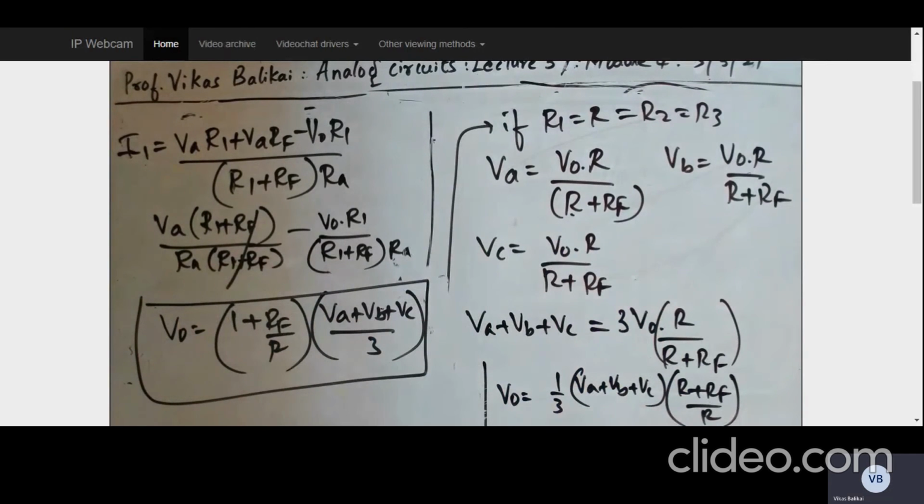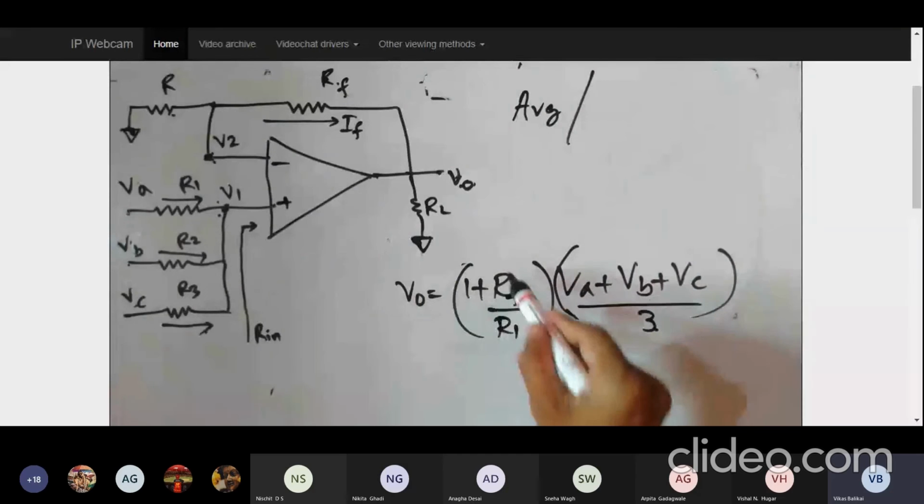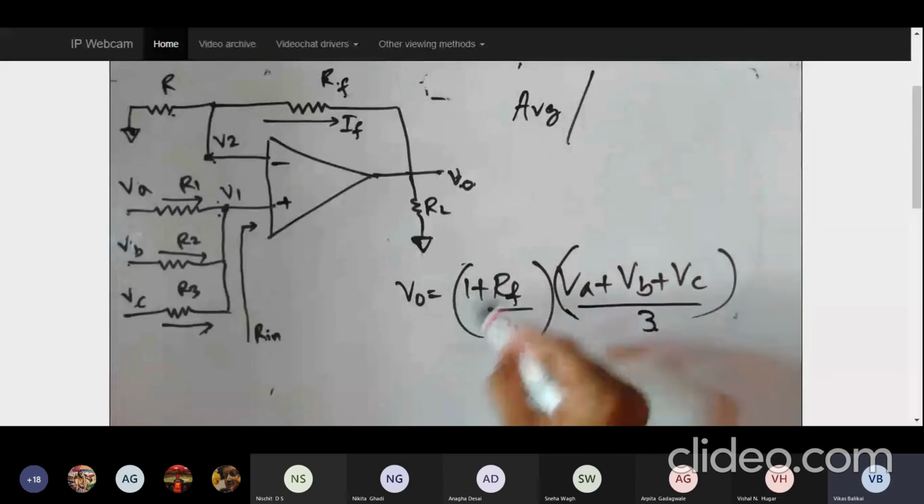But in non-inverting configuration, one extra thing I'm getting is the division by 3. So this is your non-inverting configuration: summation of all the voltages divided by 3, multiplied by the gain of the non-inverting configuration.